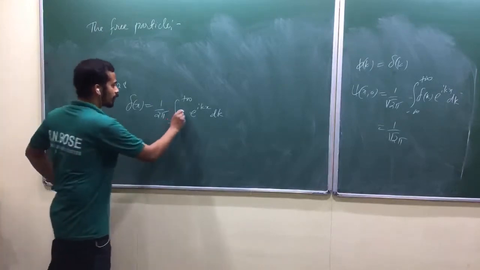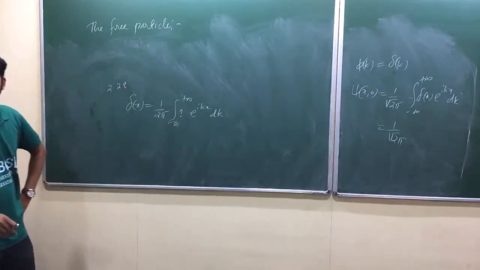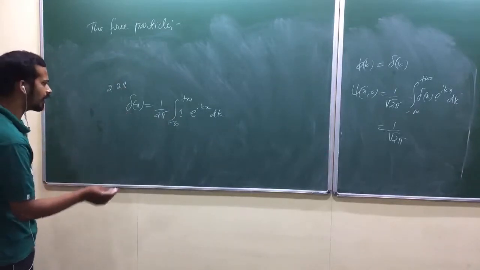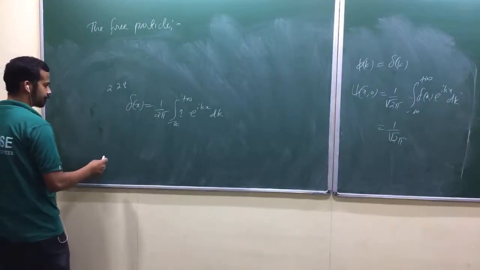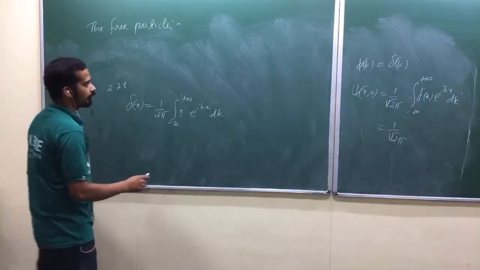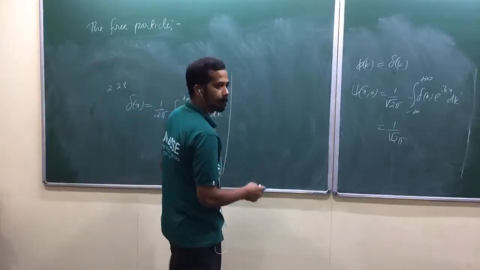This is a kind of Fourier transform of constant, look at it. Or you start with this one, okay? You start with this one. Or let me write in pure mathematical form, okay?